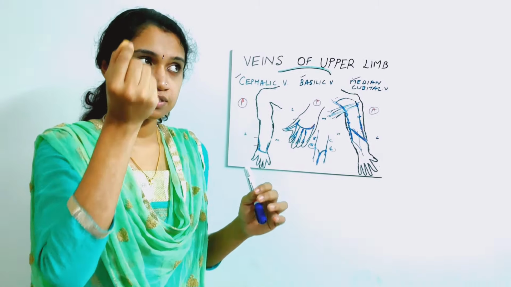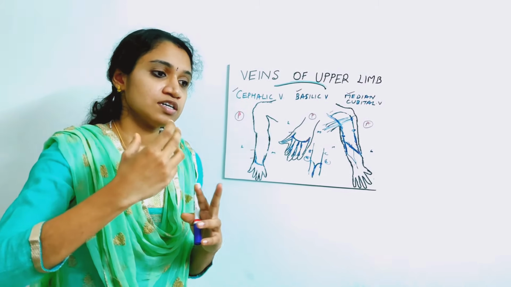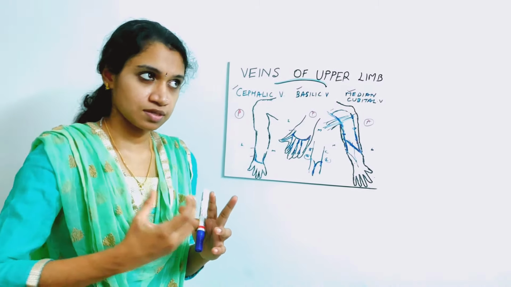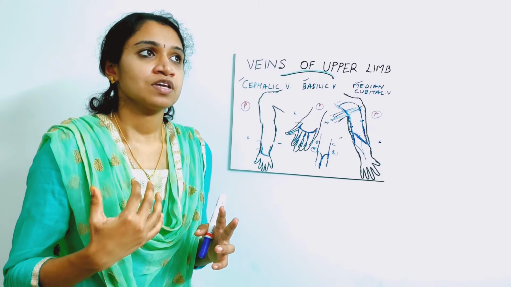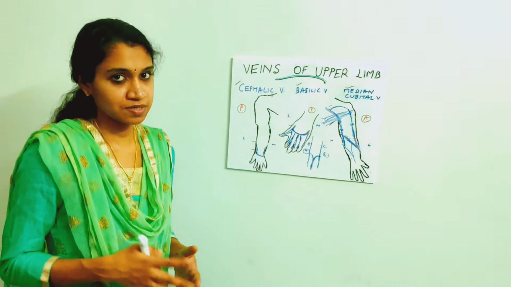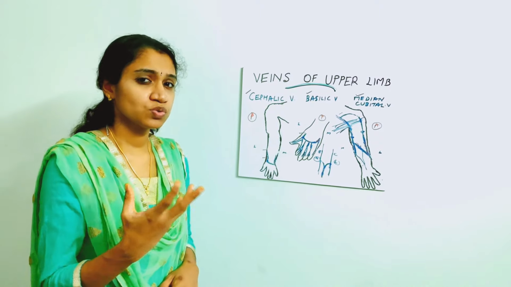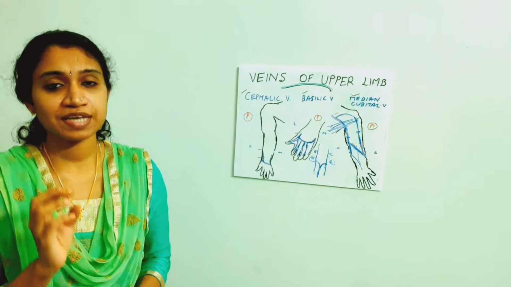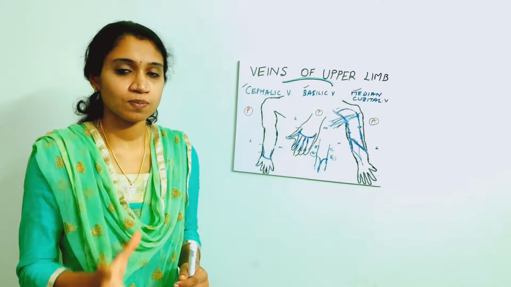The subclavius muscle, during this overhead abduction, compresses the axillary vein, and so this leads to formation of clot. We call it thrombosis. So axillary vein thrombosis thus results.